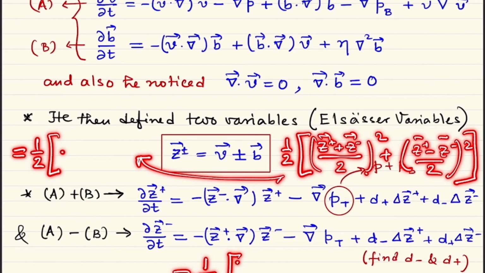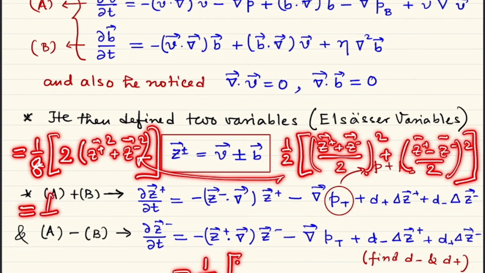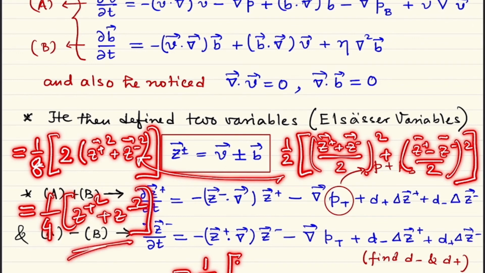So first I take 4 factor common, so that will make it 8, and inside this it will be 2 times z plus square plus z minus square. So it will be simply 1 by 4 z plus square plus z minus square. Okay, so that is the expression of the total energy density in terms of z plus and z minus.